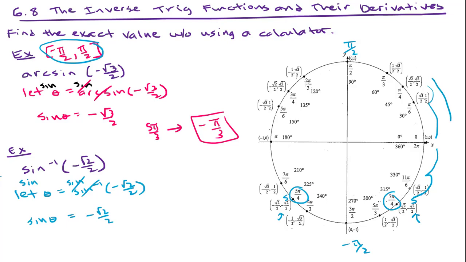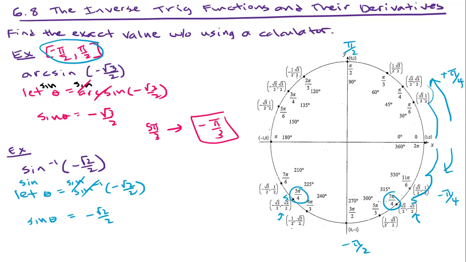So that means going counterclockwise, we get positive pi over 4, and going clockwise, we're going to get negative pi over 4. So this value here falls within the range of the inverse.